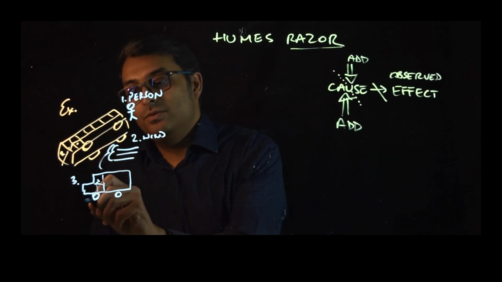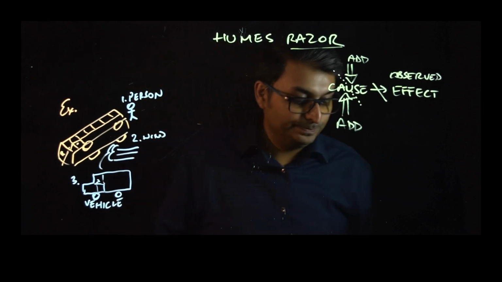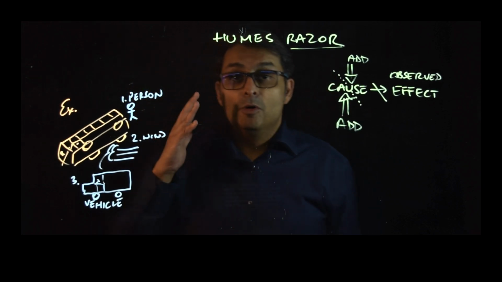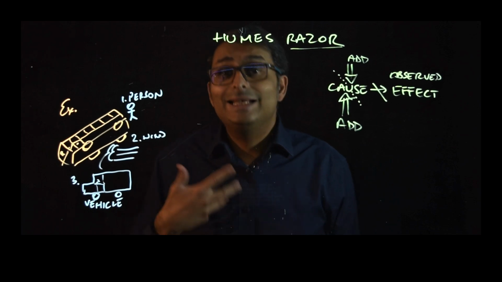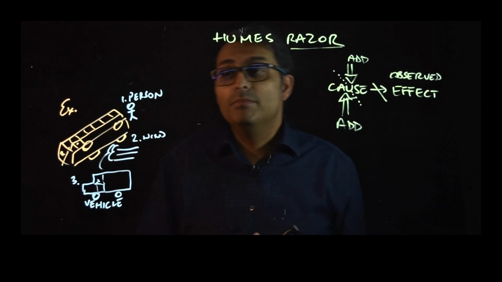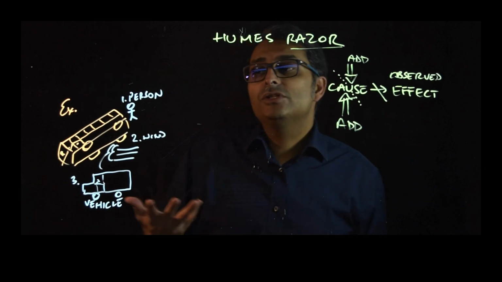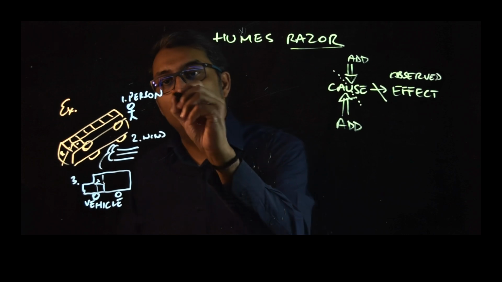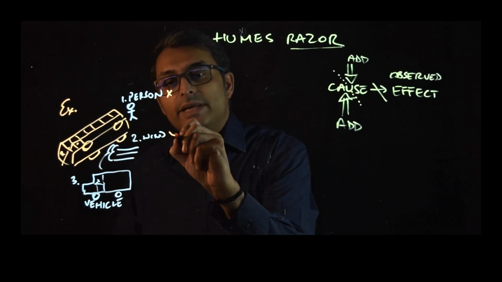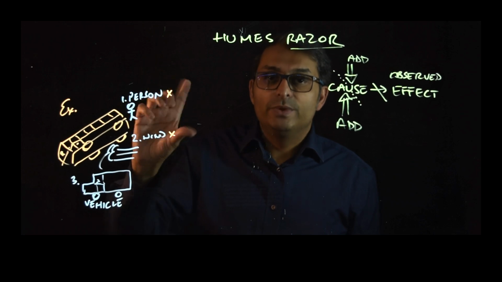So the third one is vehicle. Now, by using this razor, by using Hume's razor, we can quickly eliminate number one and number two. So we'll eliminate this one and we'll eliminate this one. For number one and two, we can eliminate them.